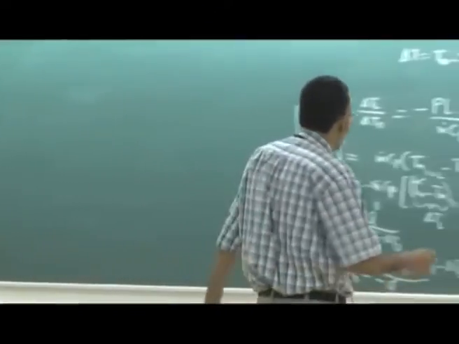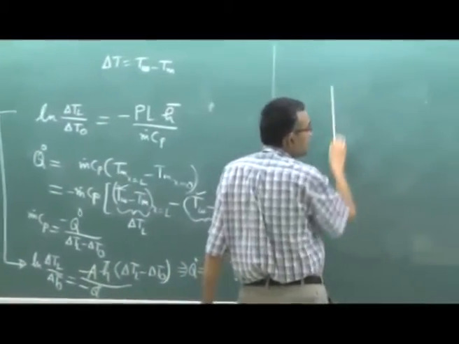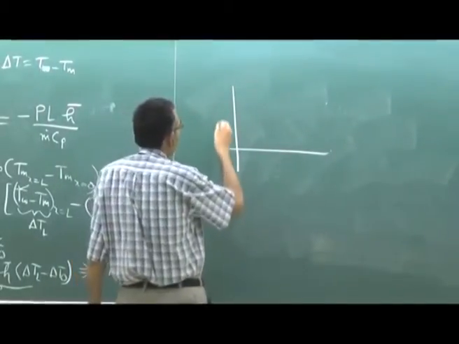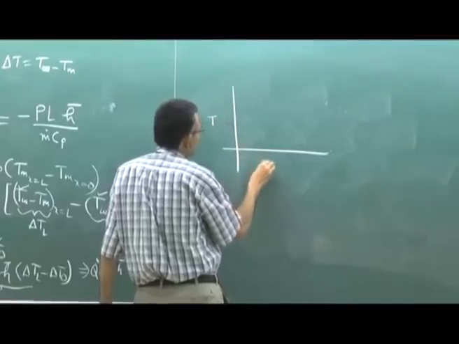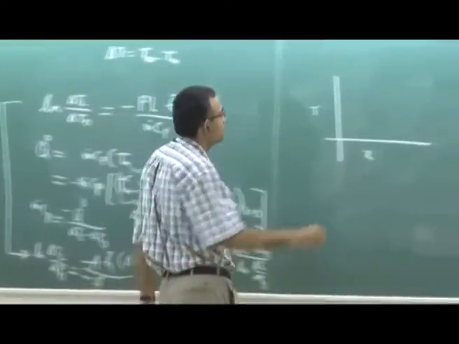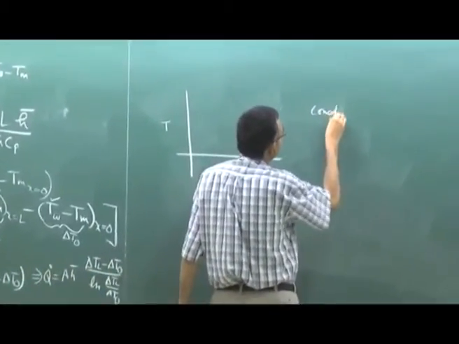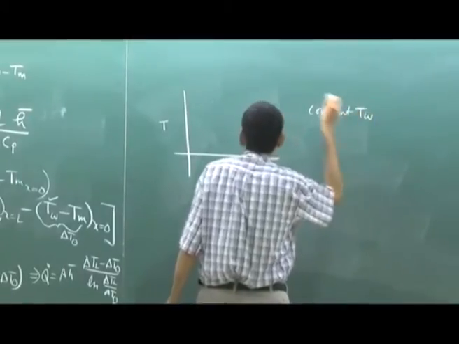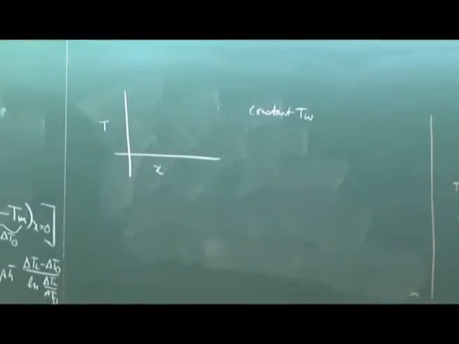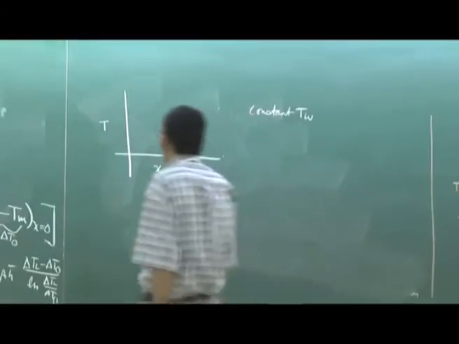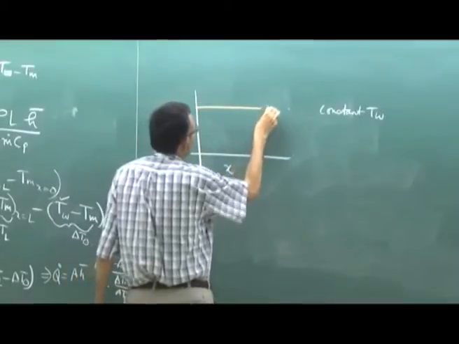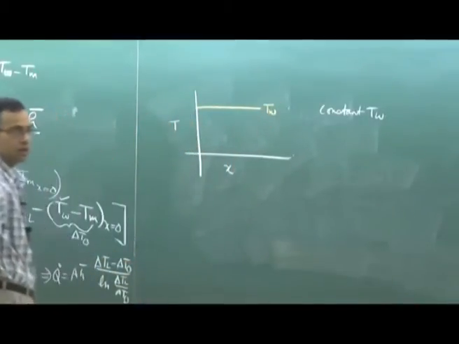So if you make a plot of T versus x, for constant T wall, this is constant T wall. What about the Tm?